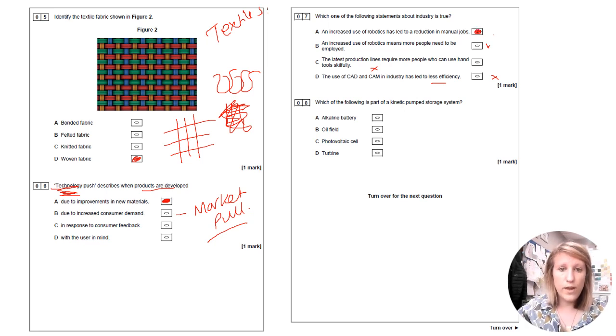Right, which of the following is part of a kinetic pump storage system? Now, a kinetic pump storage system is what is used during peak times of demand when loads of people need electricity at the same time. So say you were all watching the final episode of Game of Thrones, it goes to the advert, everyone might jump up and make a cup of tea at the same time, or during half time at the World Cup or something like that.